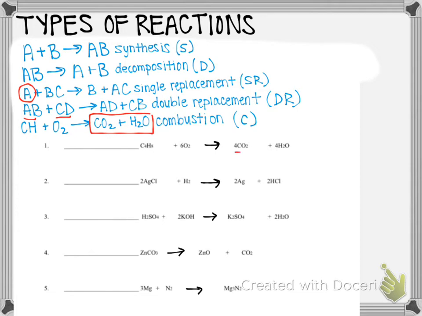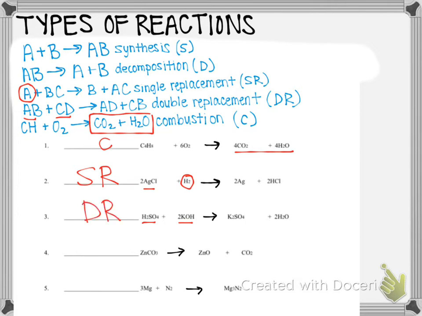So first, to just classify these 5 examples as far as type. Number 1, products are CO2 and H2O, so you know that has to be combustion. Number 2, you've got a compound and an element by itself. So if you look up, element by itself in a compound is single replacement. Number 3, you have 2 compounds that you're starting with, and when you start with 2 compounds, it's going to be a double replacement.